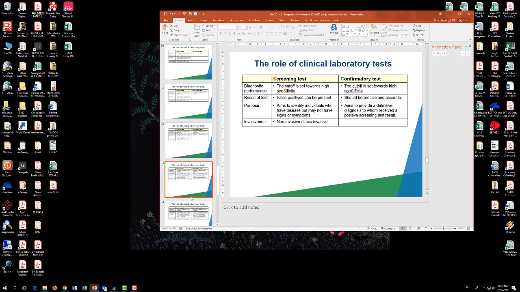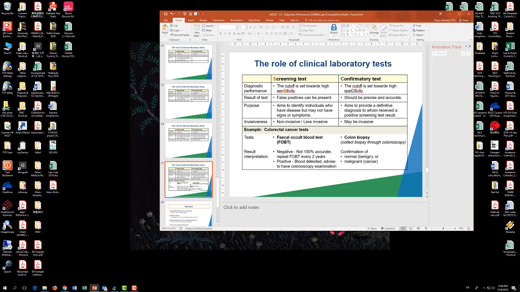So it aims to confirm the true disease cases among those who have positive screening test results. And sometimes these confirmatory tests are invasive. So that's why we will first do the screening test and then do the confirmatory test.